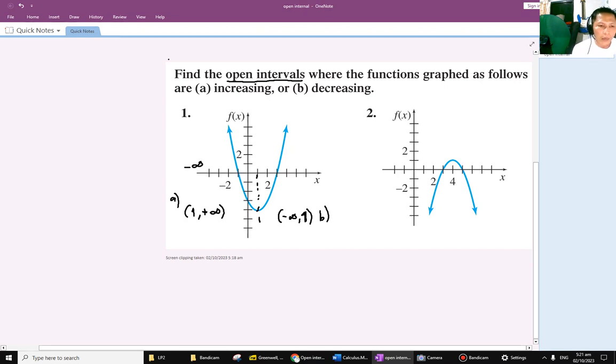As you can see, 1 really is a critical point, meaning it changes from decreasing to increasing. So that is number 1.